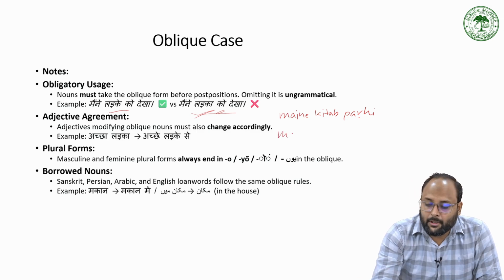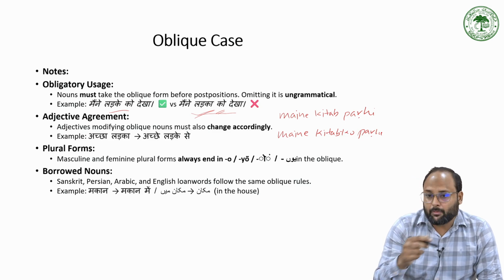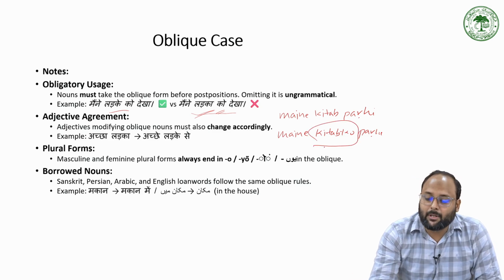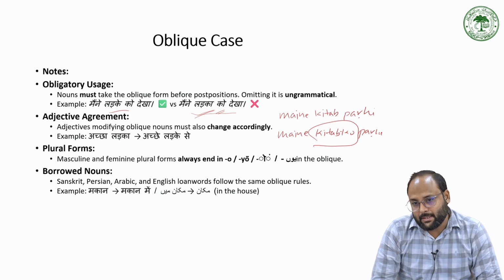When I say मैंने किताब को पढ़ा, there is a ko marker. So it is a matter of specificity, or we can say we are just focusing on this kitab. So kitab ko is the specific noun in this sentence. That is why we are adding the ko marker there.